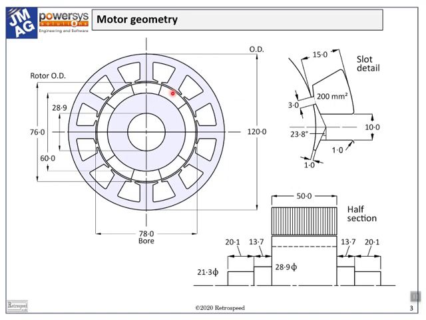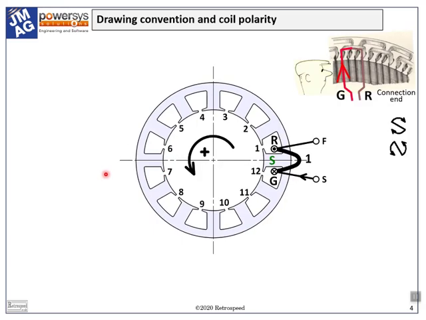The split ratio is thus 78 divided by 120, which is 0.65, and the ratio of the gap to the stator bore radius is 1/39. That is approximately 1/40th or 0.025.